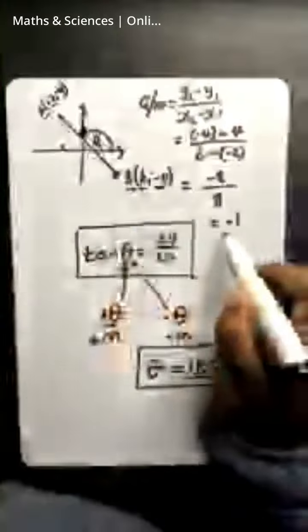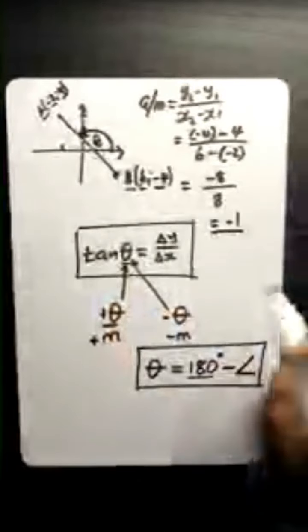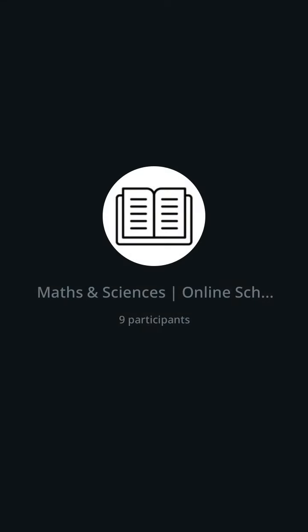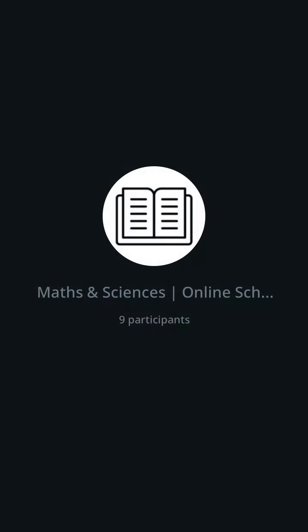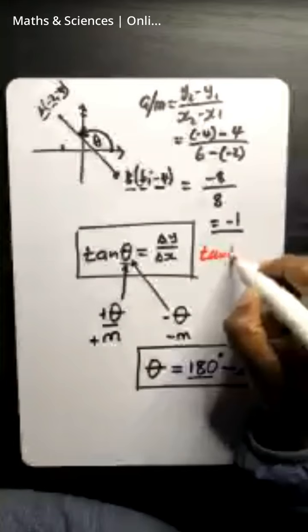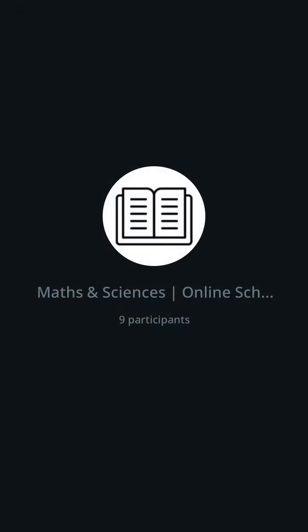The line AB has a negative gradient, which means to calculate the angle, tan of the angle equals 1 because the gradient is equal to -1.